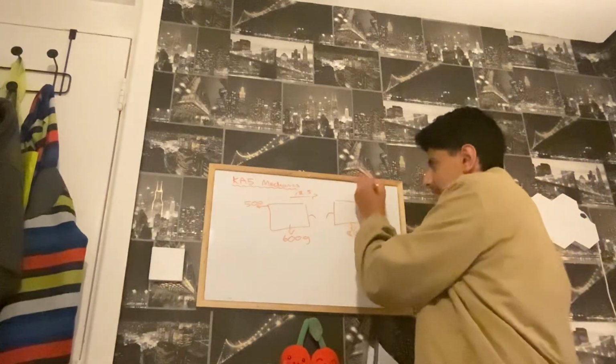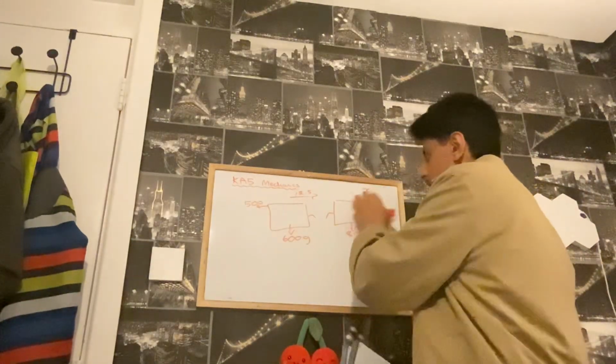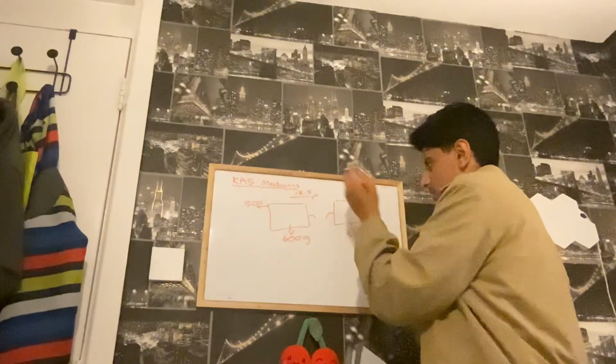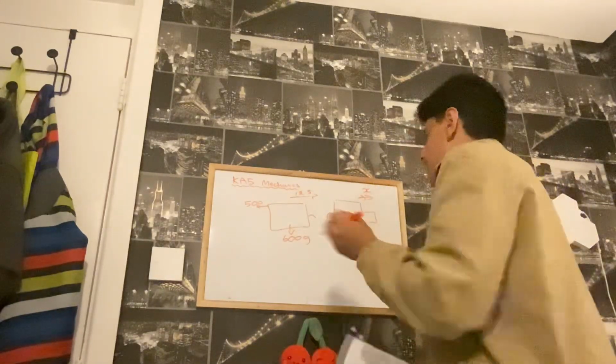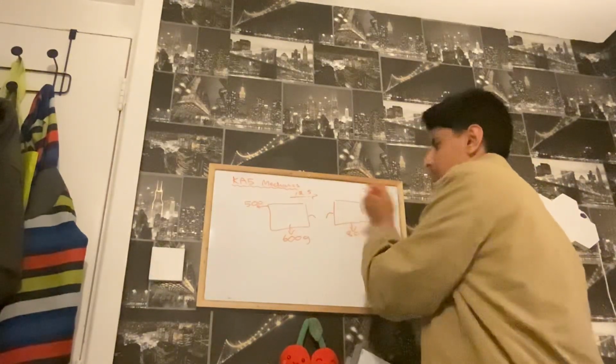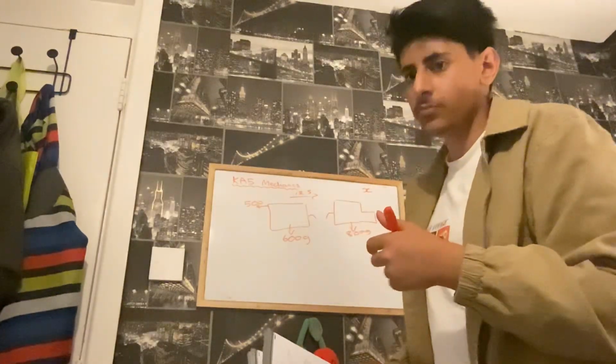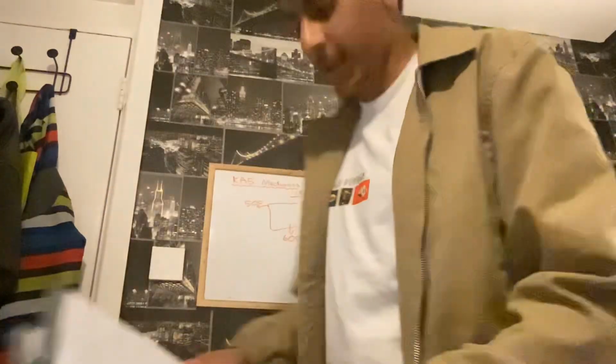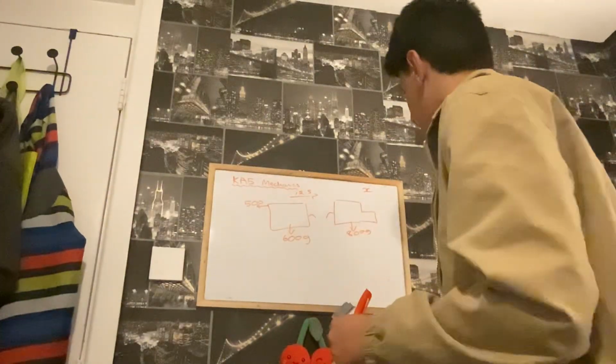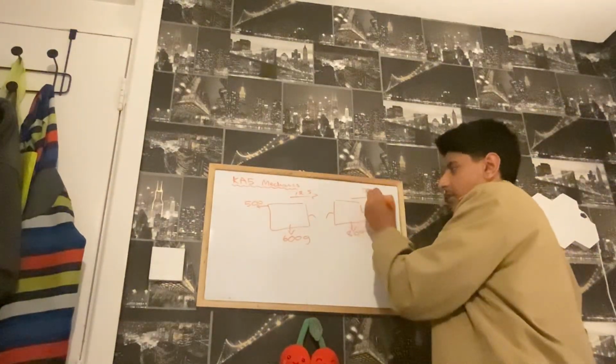So the deceleration, this is x, or kind of like that, or maybe it's the opposite. I don't know. Okay, so after thorough analysis, it's going to be accelerating like this.